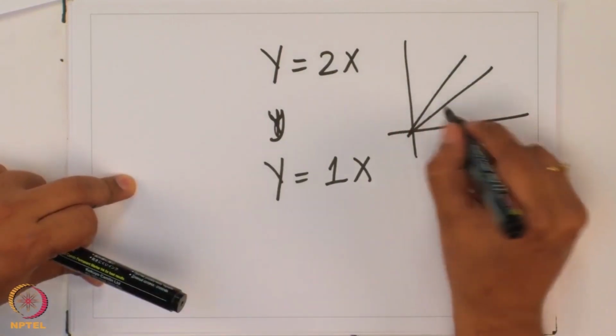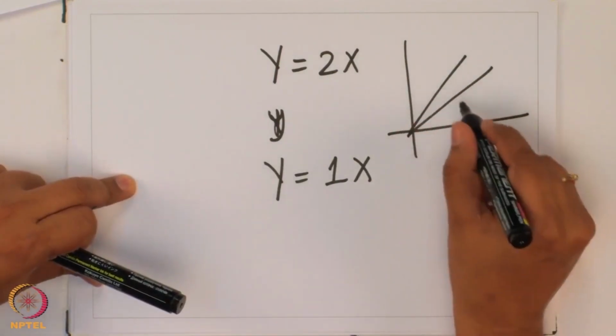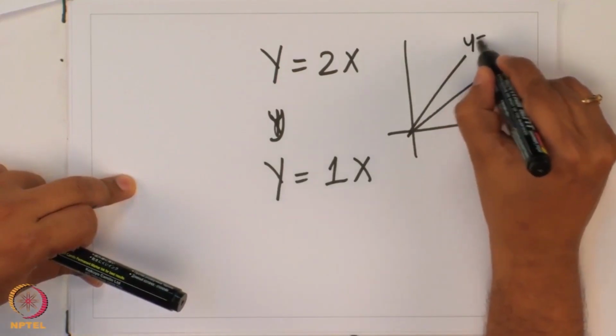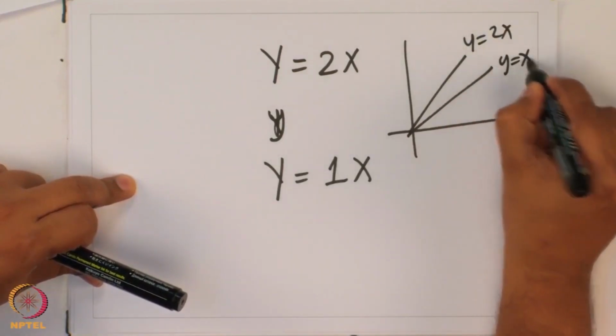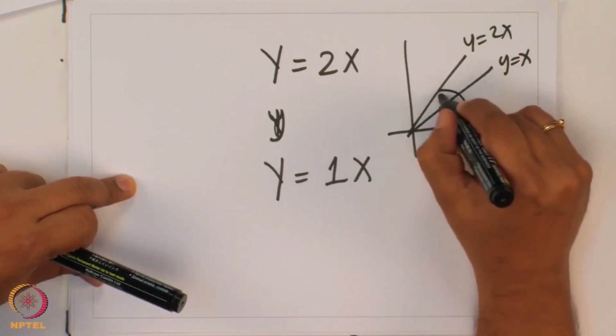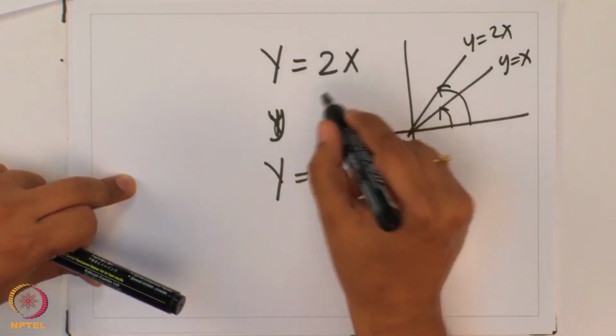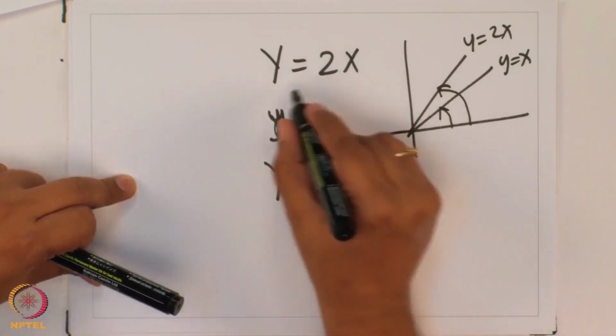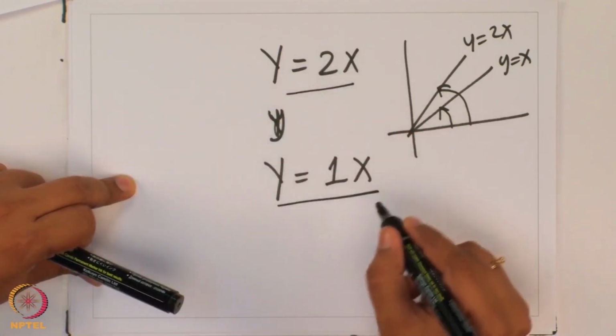So 2x has more slope, it is more slanted. This is y is equal to 2x, this is y is equal to x. This is more slanted, so this has a higher slope compared to this.